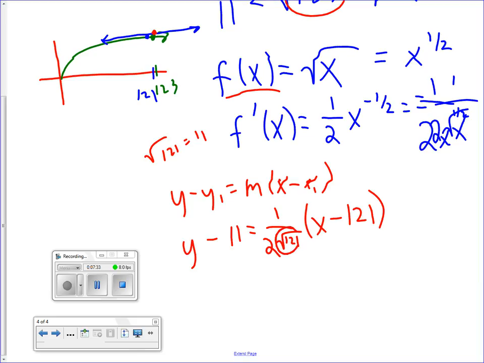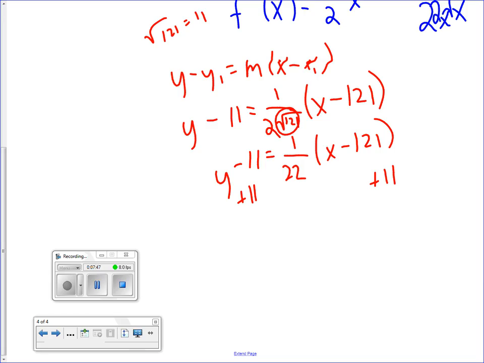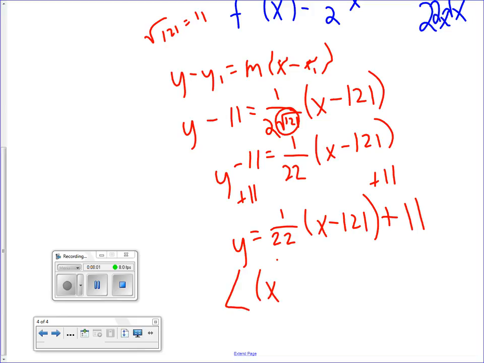Square root of 121 is 11. And 2 times 11 is 22. And then technically what the linearization does is they add the 11 over here so that we have y equals. Your textbook puts it in front, you can put it in back, it doesn't matter, order of addition doesn't matter. This is the linearization, so the symbol for this is capital L of x, the linearization of the function. That's the equation of the tangent line.